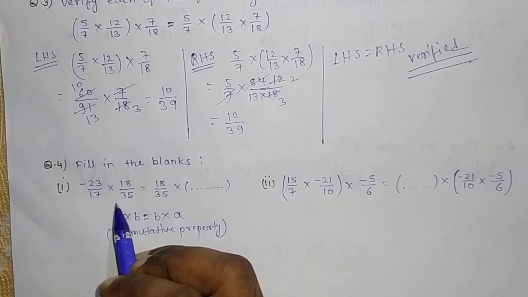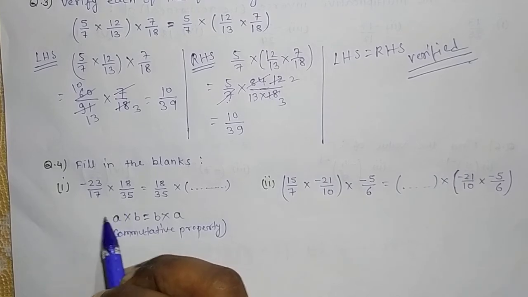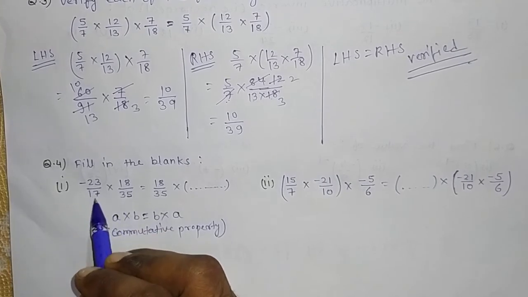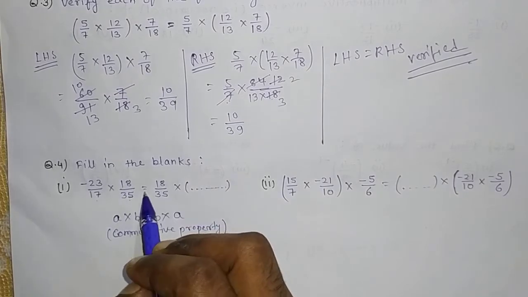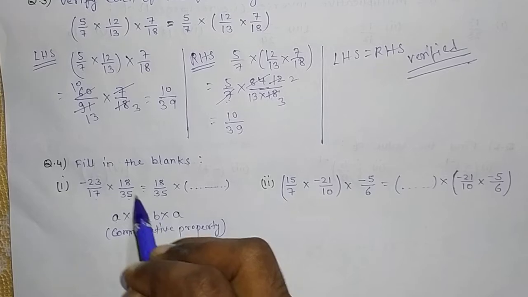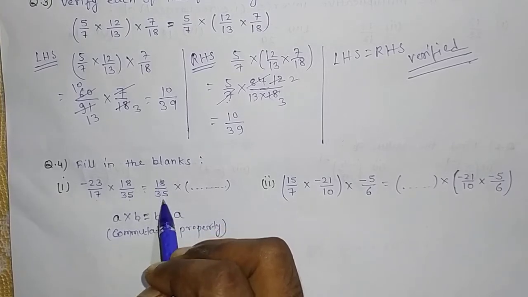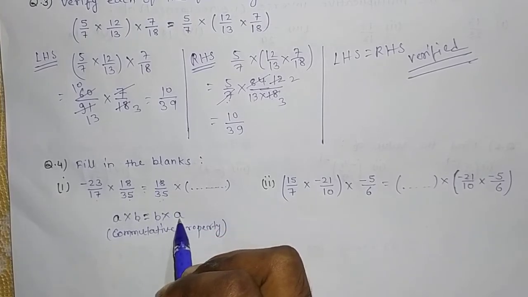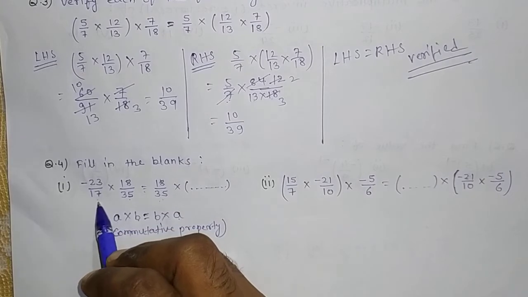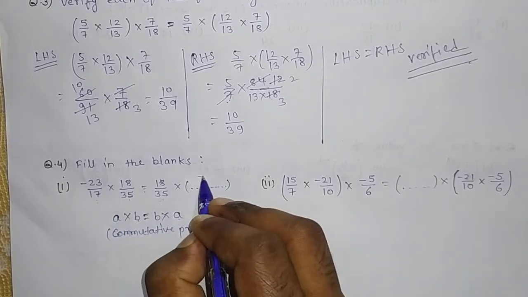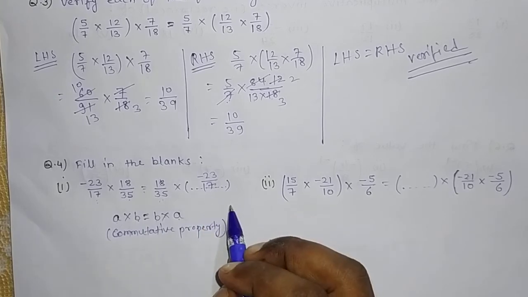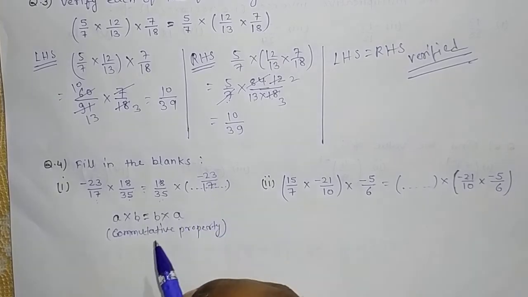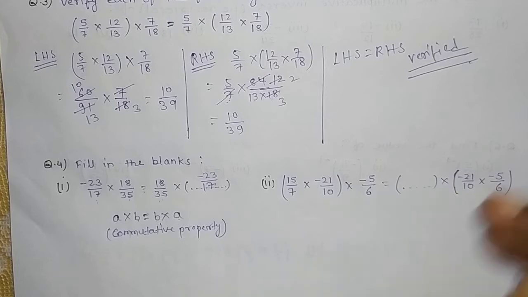Here the commutative property is applied here. A is minus 23 upon 17. B is 18 upon 35. This equals to B is 18 upon 35, which is written here, into A. So what is A here? Minus 23 upon 17. So here we can write minus 23 upon 17. Now this is the answer, and this is from the commutative property.